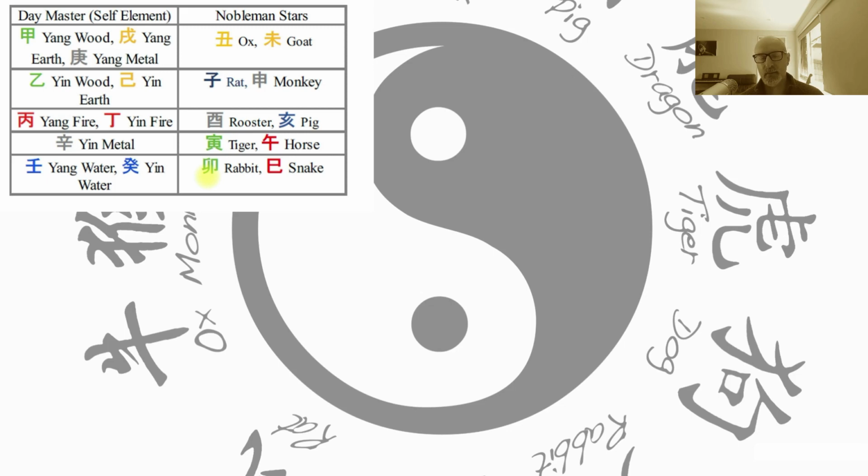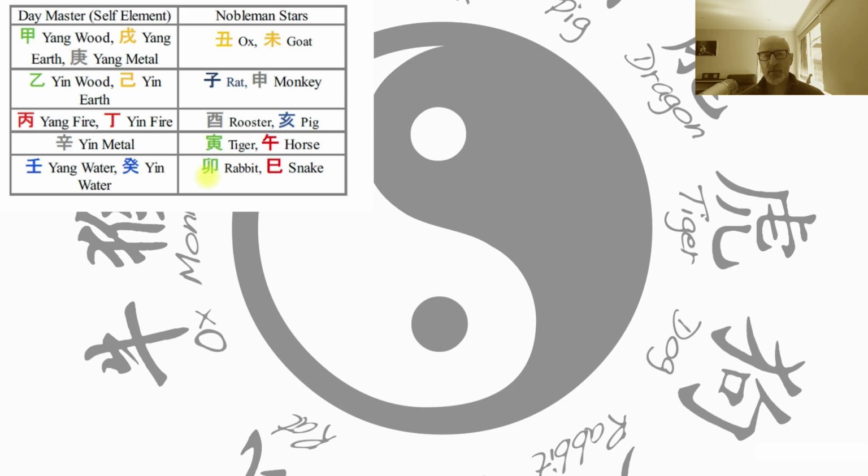Sometimes you do have a lot of Nobleman Stars in your chart, but the elements aren't so favorable, then you can get a lot of advice from people that doesn't really help you in any way. You get too many opinions or points of view from others for problems that you're having yourself, and then you can't make a decision because all the advice is conflicting.